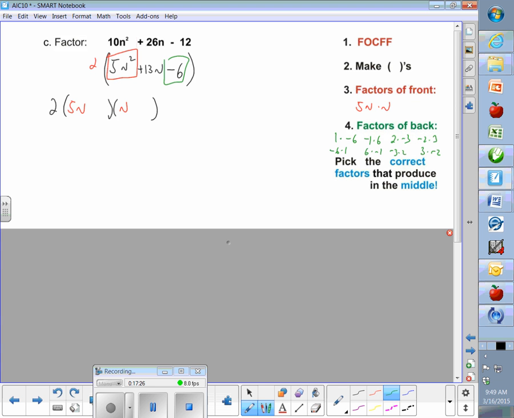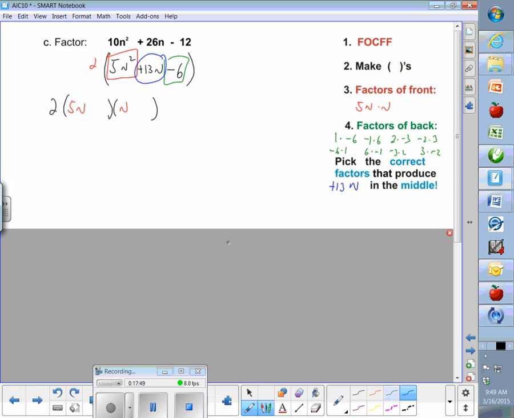But don't miss the fact that switching the order changes what you get in the middle. And again, what are we after in the middle? A positive 13n is what we have to end up with in the middle. Now, what's going to get you to a 13? Look, can you guys watch for a second real quick? Just watch, please.